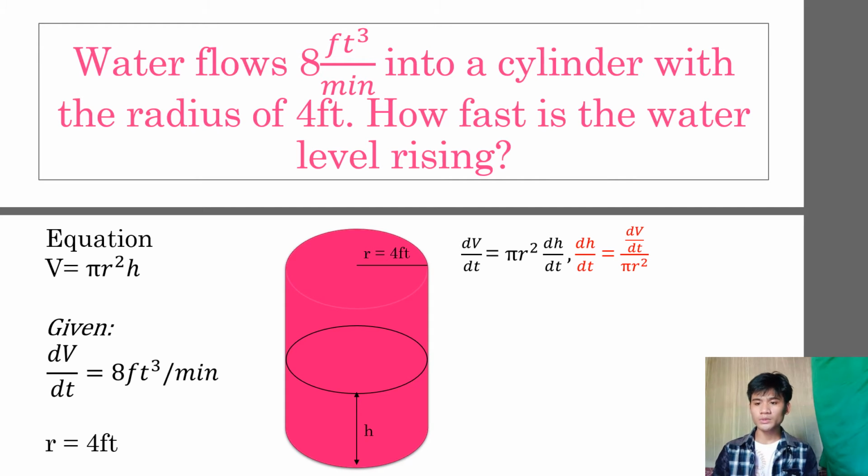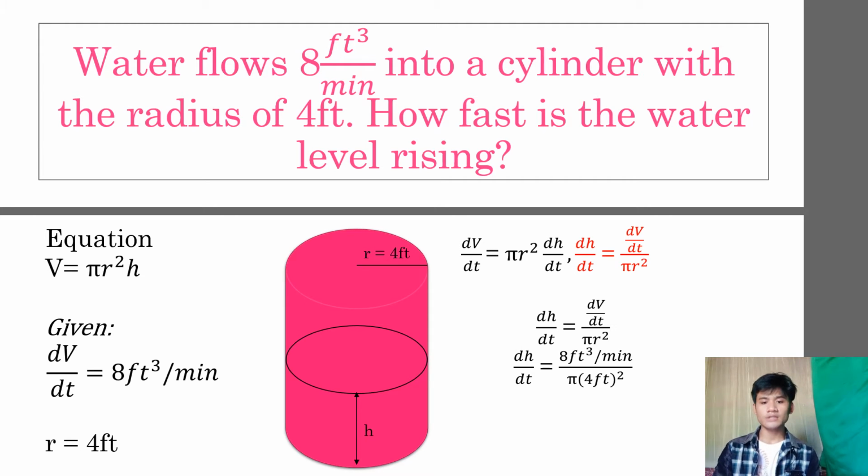Just transpose, using the multiplicative inverse, to come up with the derivative of h with respect to time equal to the derivative of volume with respect to time all over pi r squared, since we're looking for the rate of change of height with respect to time. And because of that, we already have the formula we could use.